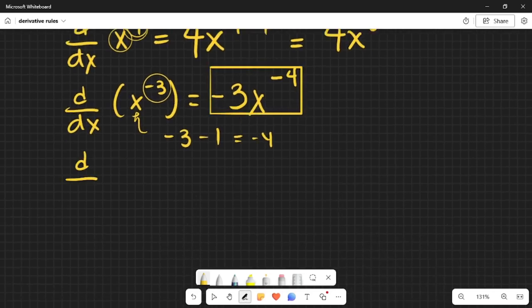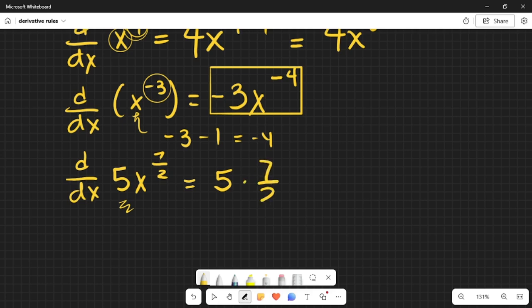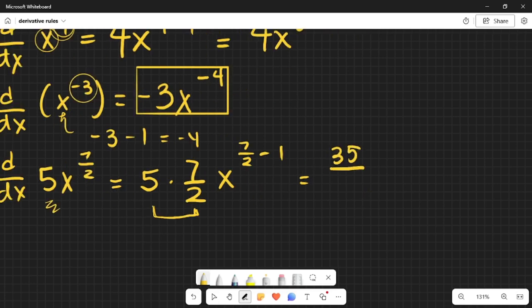What about if d dx of 5x raised to 7 over 2? Then, we're going to copy the constant, and then we're going to get the exponent, and multiply it in front of x. And then we're going to have 7 over 2 minus 1. 35 over 2.